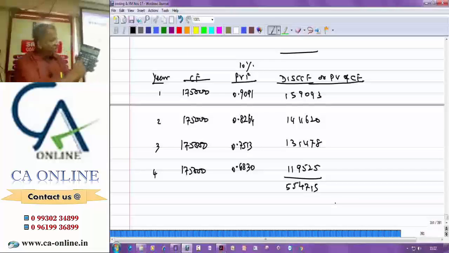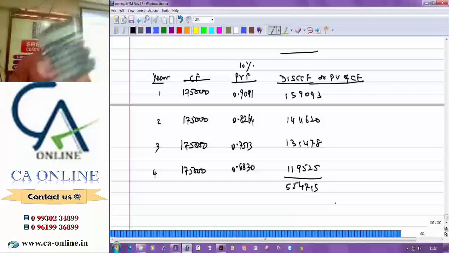Then 1,75,000. I'm sorry, extra zeros I pressed. 1,75,000 into 0.7513. What is the number? 131,478. I have not used memory plus. 1,75,000 into 0.6830.